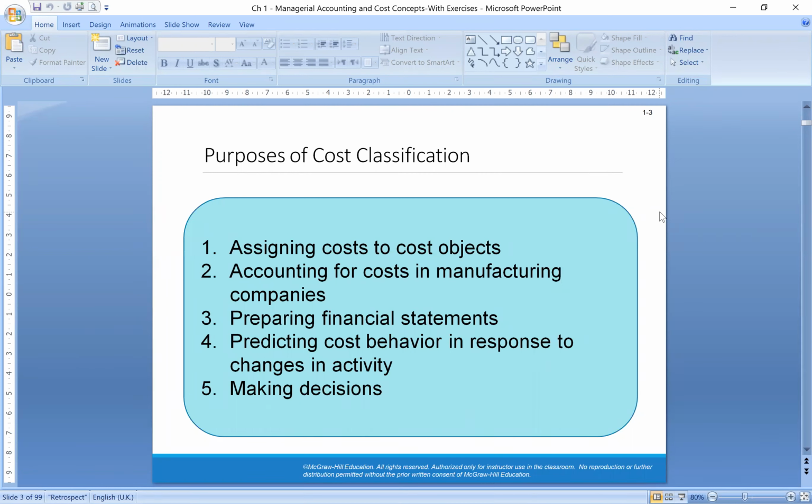And finally, we need the classification for making decisions. So our decisions depend on whether these costs are direct or indirect, period or product, manufacturing or non-manufacturing. So our decisions are affected by the classification of these costs.